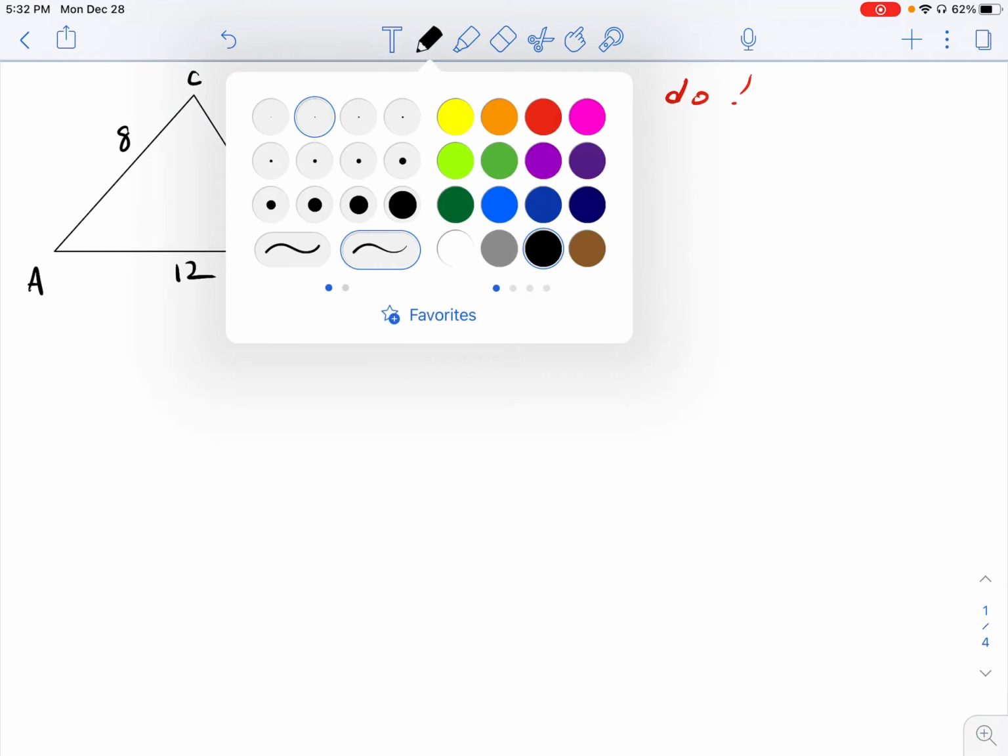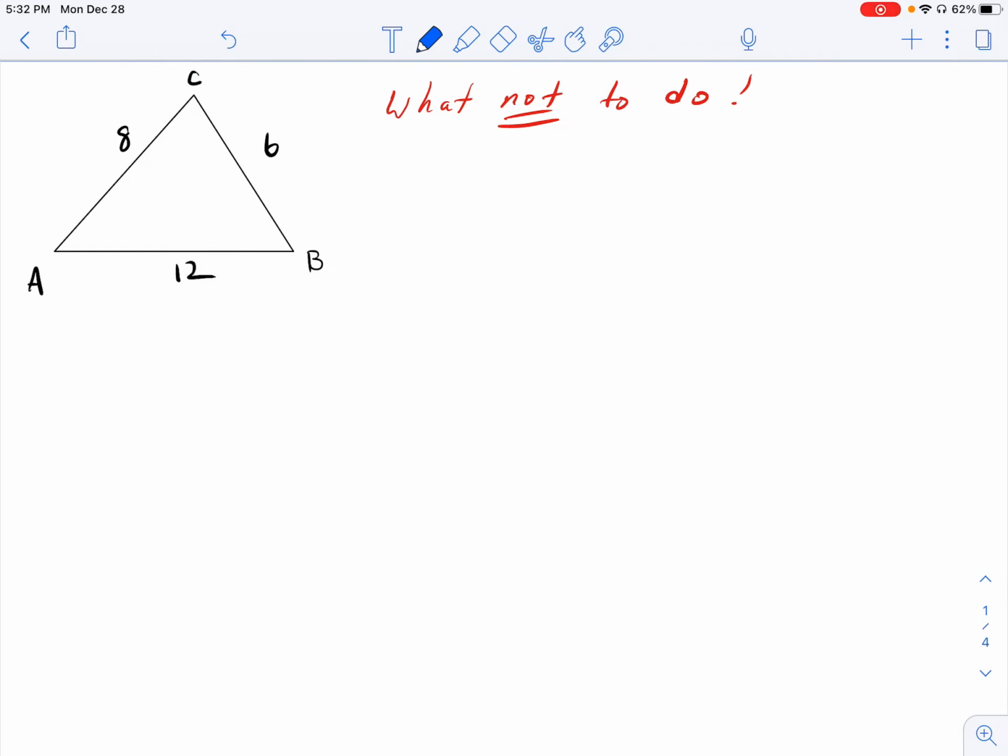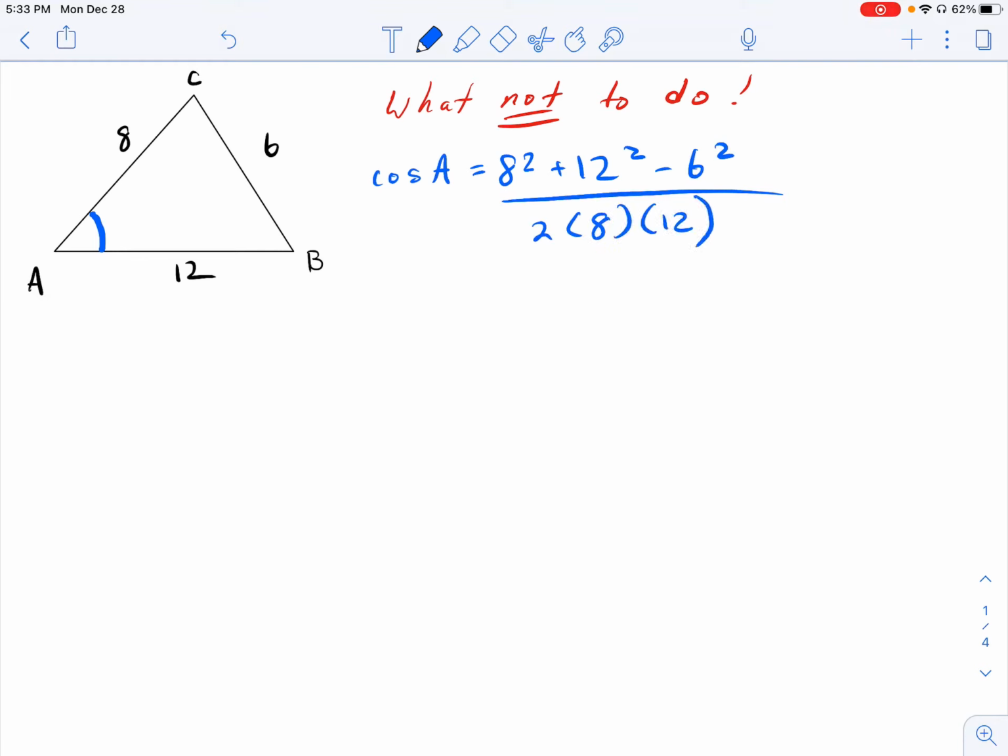Suppose you wanted to start with angle A. You said, all right, I want to actually start with angle A first because it's the very first letter I learned. So I want to start with this angle. And I want to say, all right, if I started with angle A, the cosine of angle A then would be equal to b squared plus c squared minus a squared, all of this over 2 times 8 times 12, or 2bc.